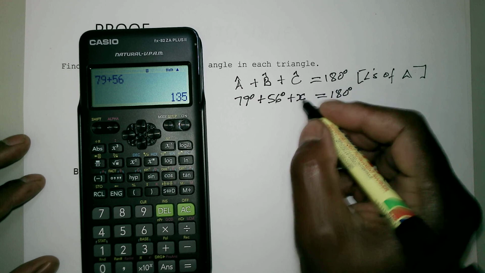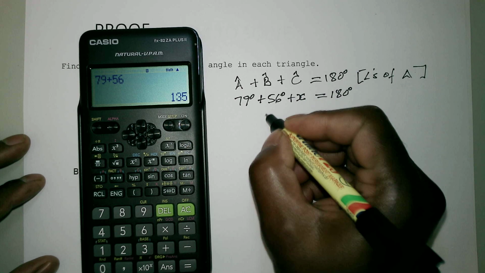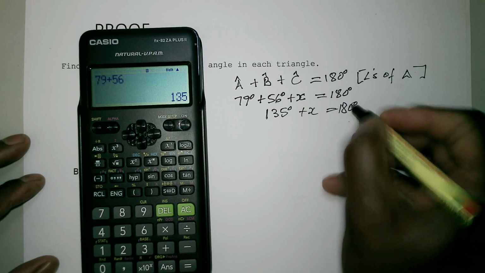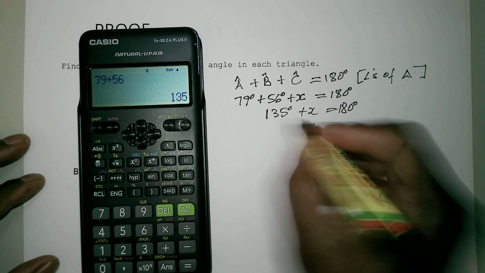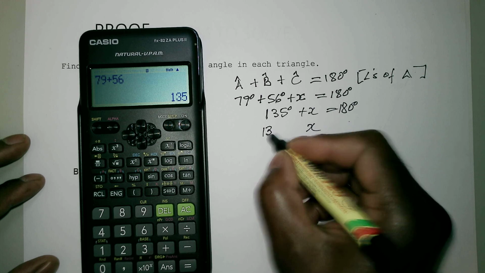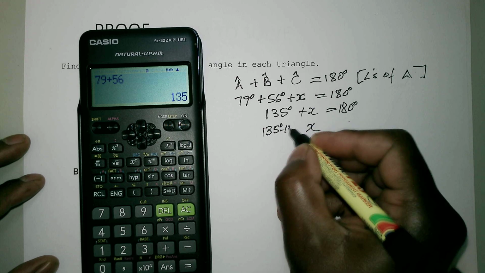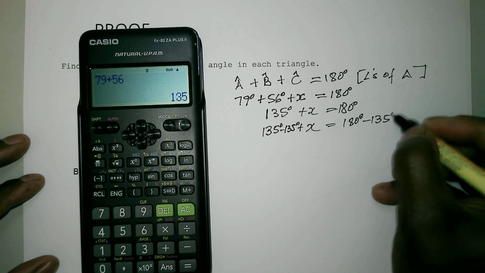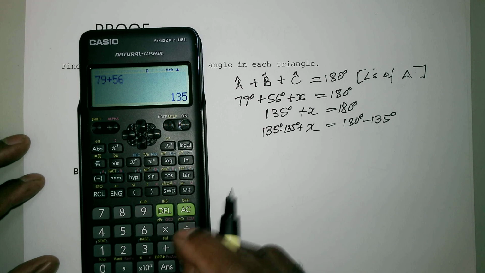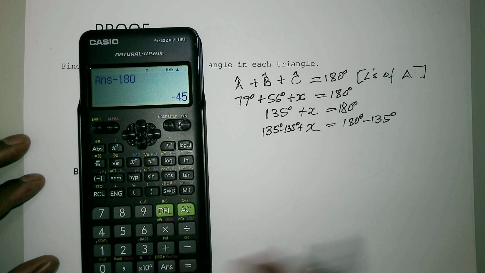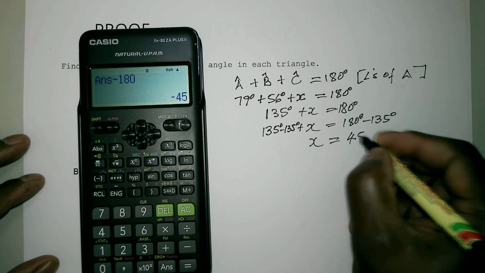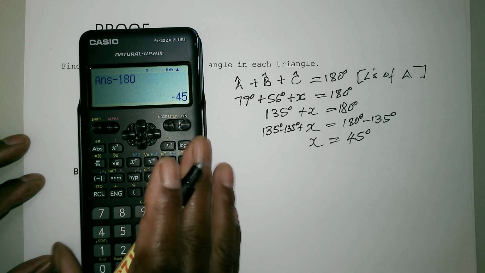So having done the additive inverse, 180 degrees minus 135 degrees will give us 45 degrees. X is now 45 degrees. So this is what we were able to arrive at in terms of our calculation.